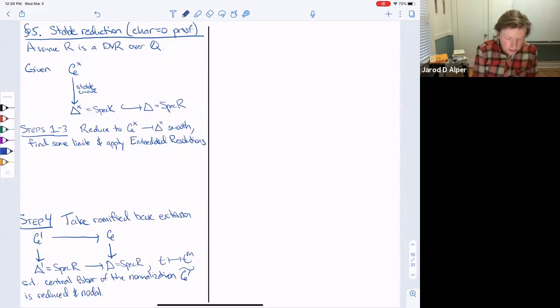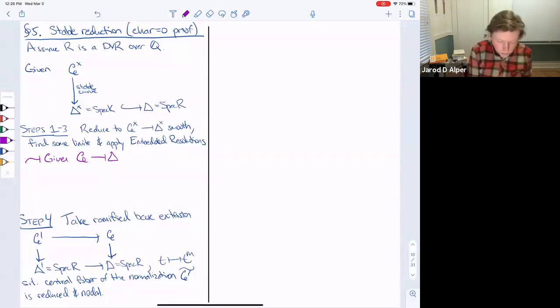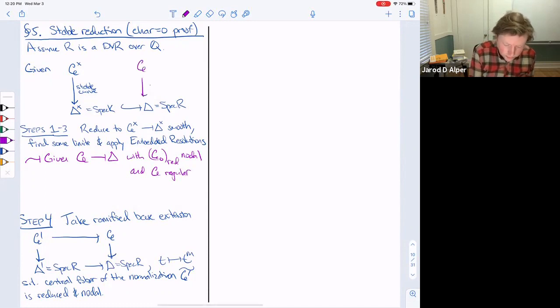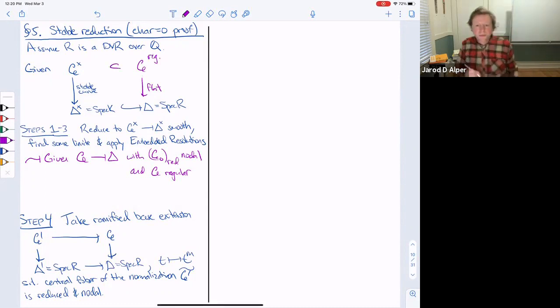And what that gives us is C over delta with the reduced central fiber nodal and the total family regular. Right, so in this picture, we have C, a flat family, and the total family here is regular.